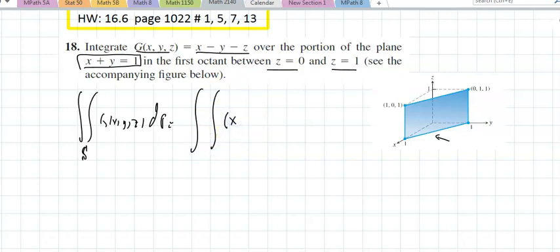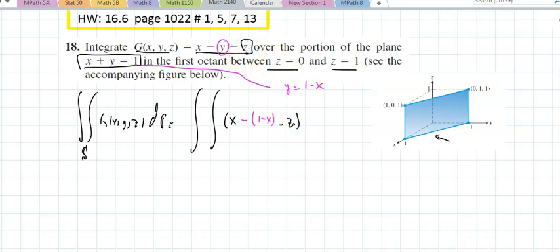Now I have to make a choice. When I look at this, I could say y equals 1 minus x. If that's the case, then I'm going to write 1 minus x minus z.